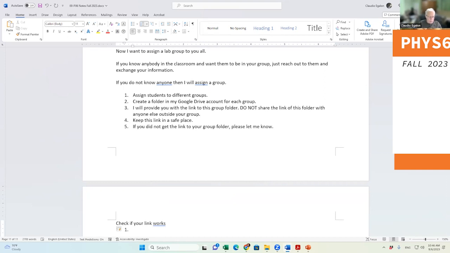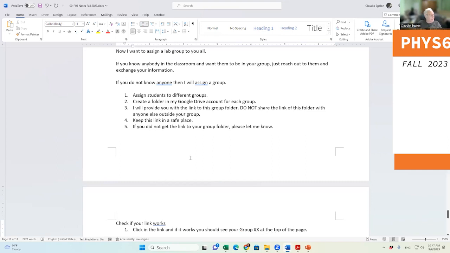The first thing that you're going to do, click the link, and if it works, you should see your group, you should see group number X at the top of the page, right? At the top of the page.